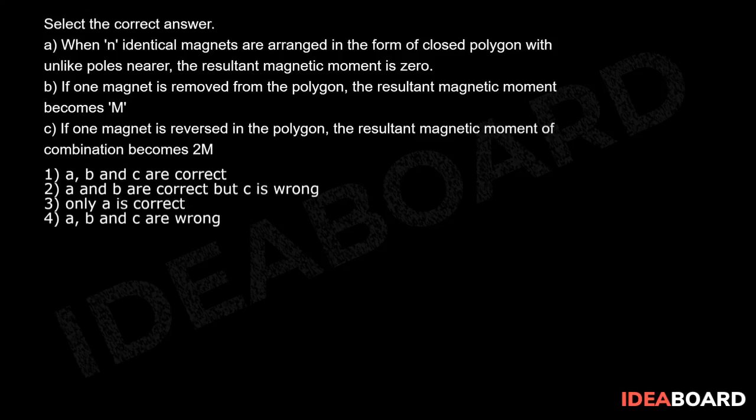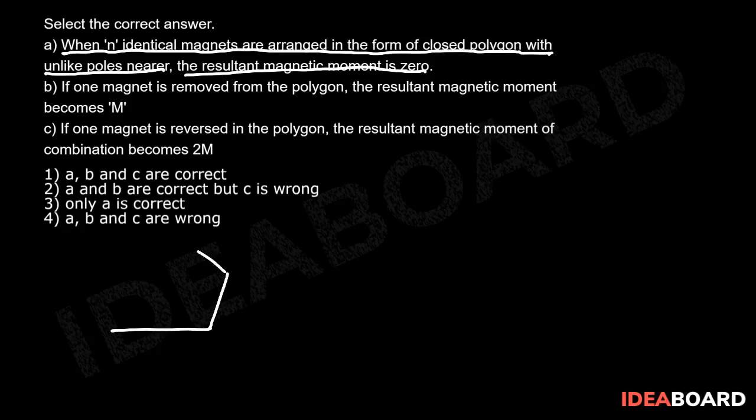So, if you verify statement A, when n identical magnets are arranged in the form of a closed polygon with unlike poles nearer, the resultant magnetic moment is 0. For example, draw the polygon. Here I am taking a hexagon.